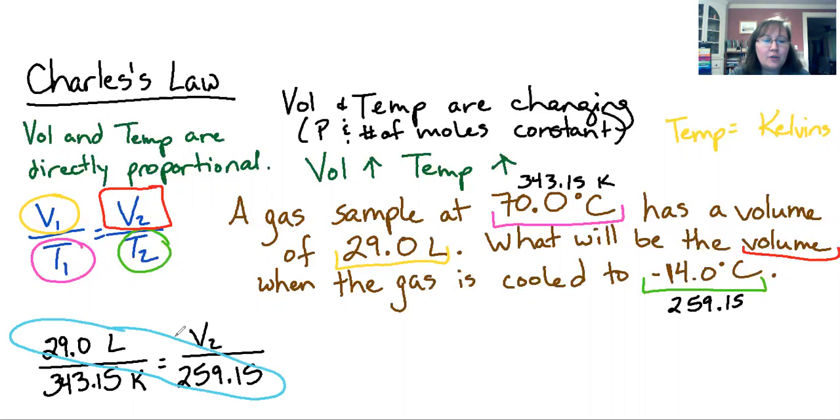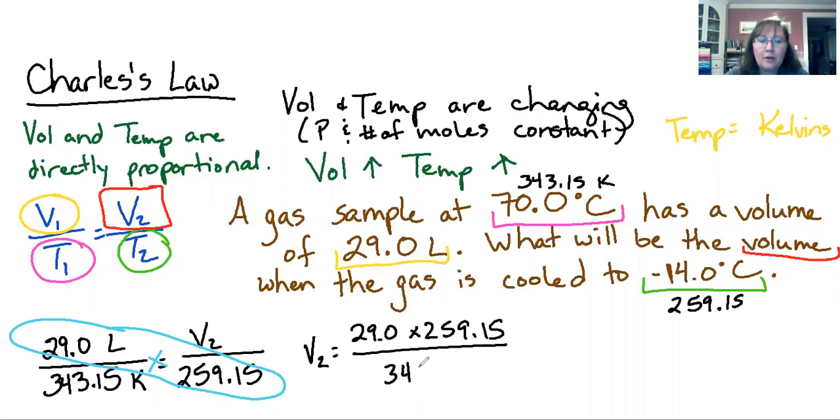What you do is you isolate your variable, you multiply by what's in the circle, and divide by what's left over. So V2 is equal to 29 times 259.15 divided by 343.15. Then I'm going to type that into my calculator.